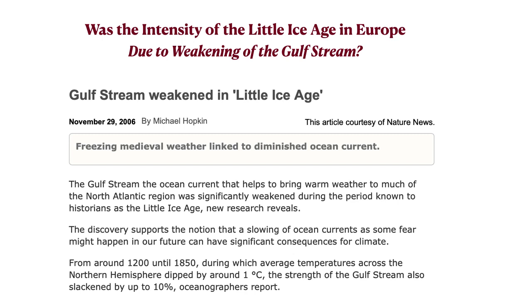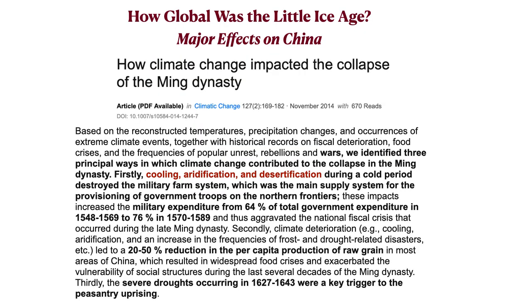There's a lot of concern about the Gulf Stream possibly failing or reducing as global warming occurs. So there's speculation that you could actually have a period of much colder conditions in Europe as the globe as a whole warms up. But again, I'll emphasize a lot of uncertainty here.